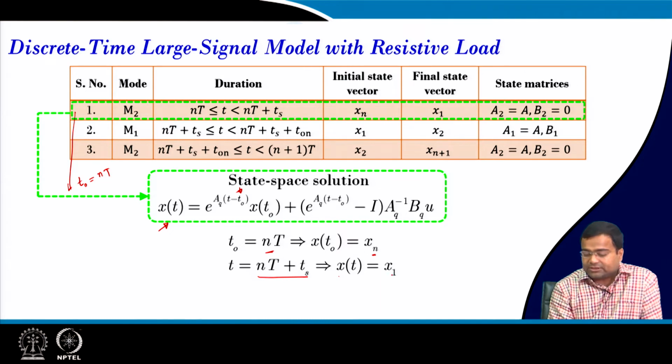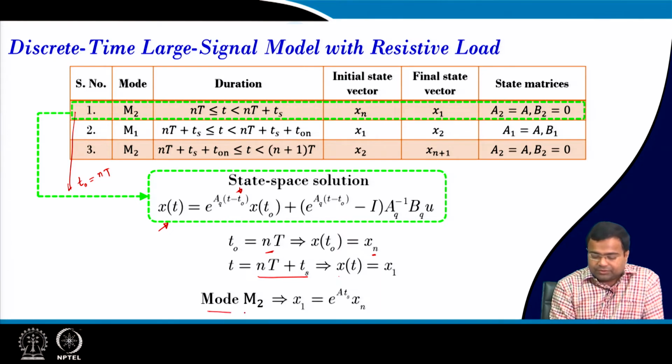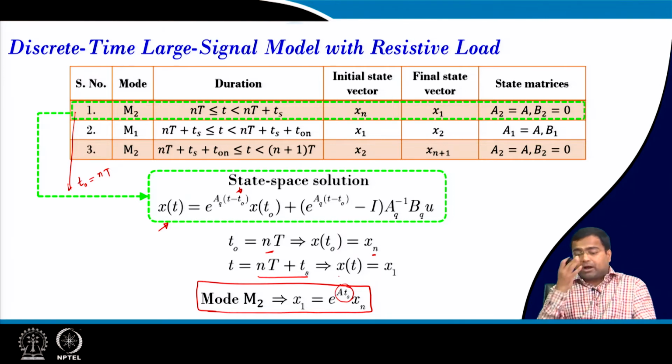So, X1 is equal to X of t. Then this is under mode 2, and what is the duration? If you take the difference, it will be Ts, and during mode 2 of a buck converter the input voltage is disconnected. So, your solution is simply e to the power A into Ts, because we know this solution.